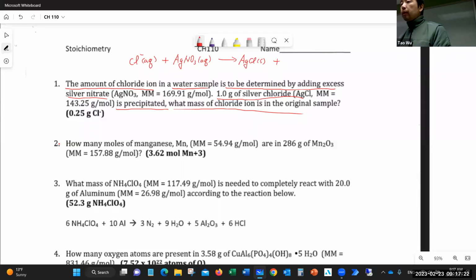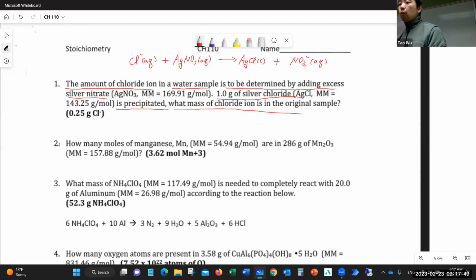Could you tell me what's the leftover in this equation? Nitrate ions. That's the leftover. All right, so now this is the setup for the equation. Then what is the question asking for?